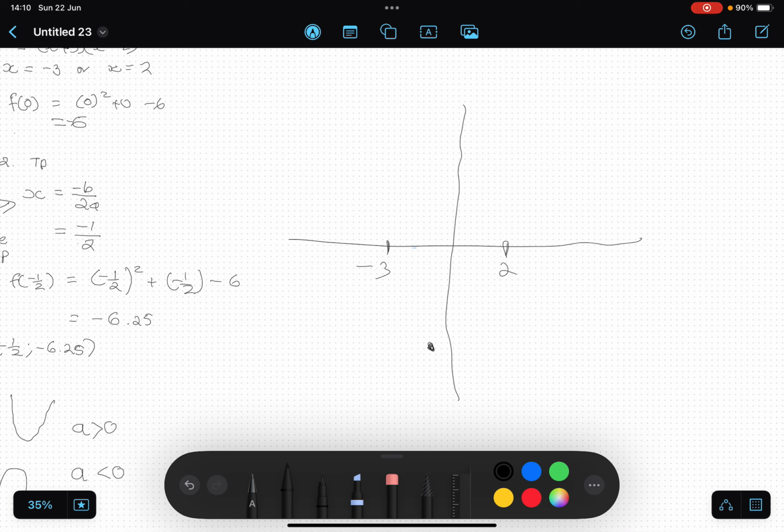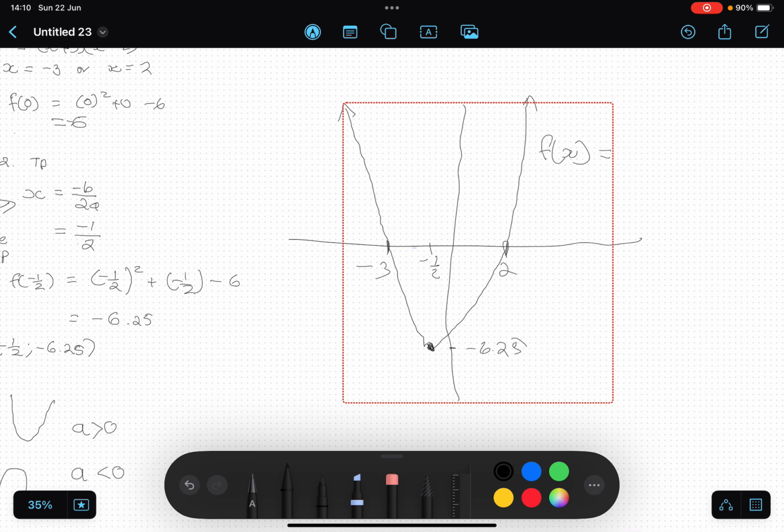That'll be your negative a half, and here is your minus 6.25. Then what you're going to do is draw through your points, and back up again. Now, obviously you can then write your function next to the graph, because they usually do mark that.